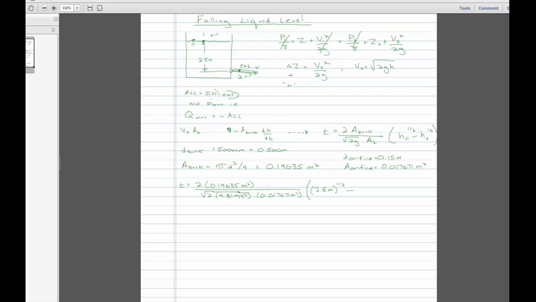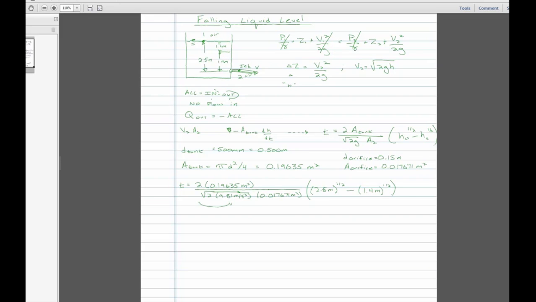And then the height it's falling to, this is one place where people often make a mistake. You don't put in 1.1 meters because that's how much it's changing. Its new elevation of the water surface above the orifice will be 1.4 meters to the 1/2 power. In other words, the change in height was 1.1 meters, and after that decrease of 1.1, what's left is 1.4 meters.